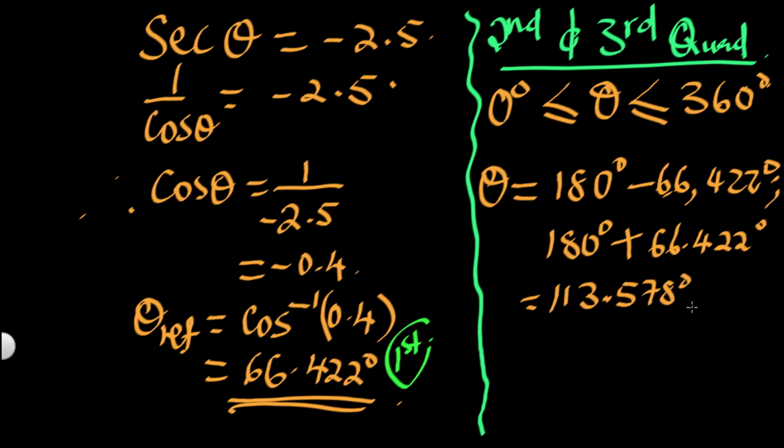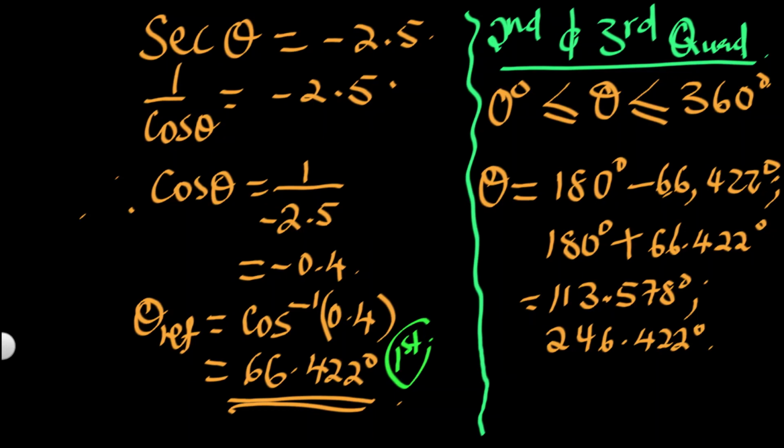This is one of the angles. The other angle, which is in the third quadrant, will be 180 plus our reference angle. We get 246.422 degrees. I no longer have any other answer.